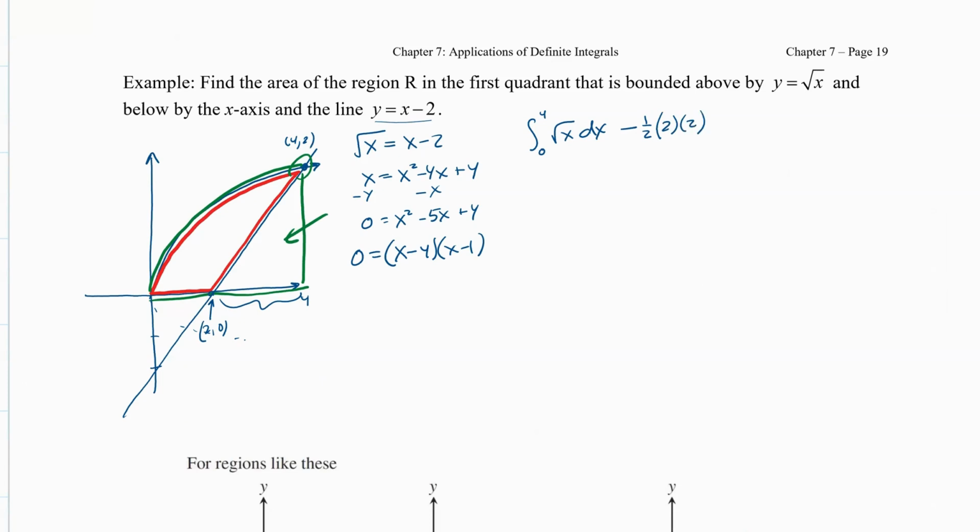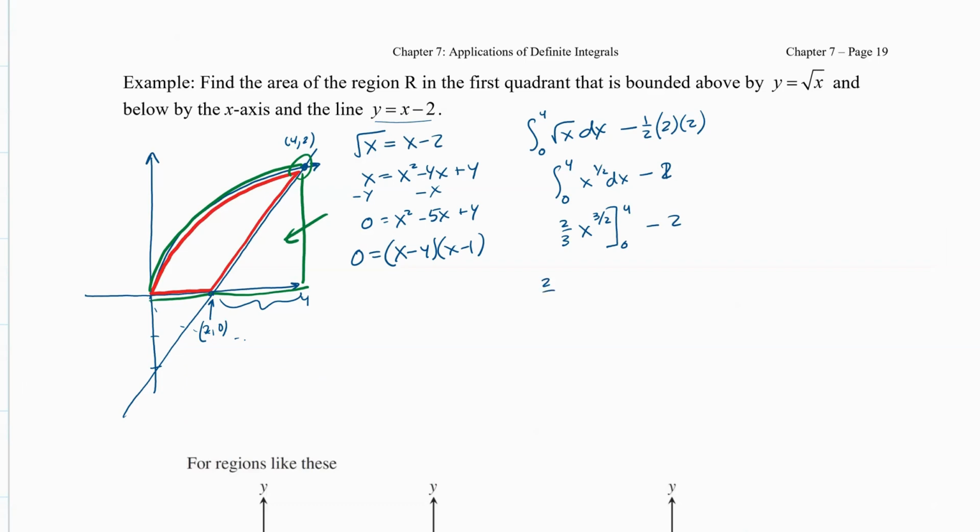So let's put all the pieces together. Definite integral of x to the 1/2 dx minus 2. Make the exponent 1 bigger, multiply by the reciprocal of that exponent, and evaluate this from 0 to 4, and the result will be subtracted by 2.